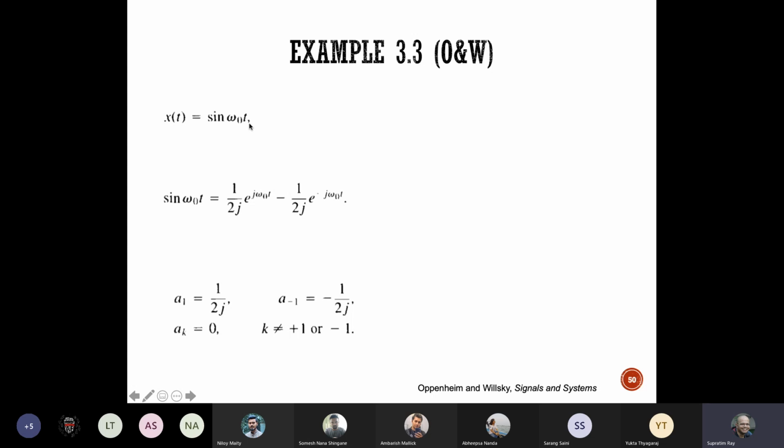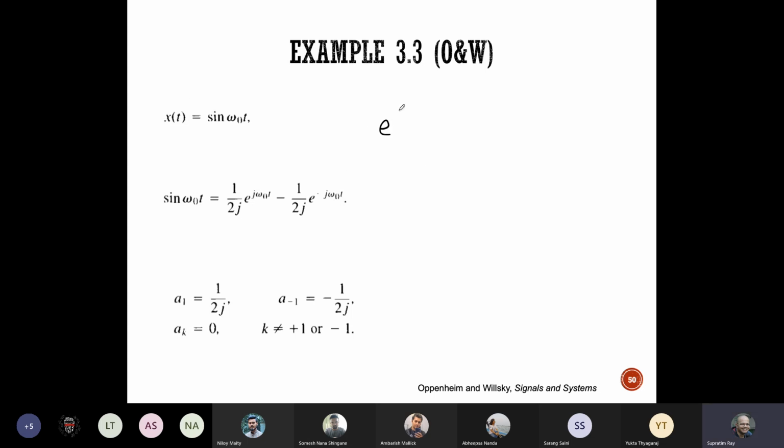x(t) = sin(omega t), just a sinusoid. How do I represent it in the Fourier series? It's very easy. I can look at sine omega t as a sum of two complex exponentials.